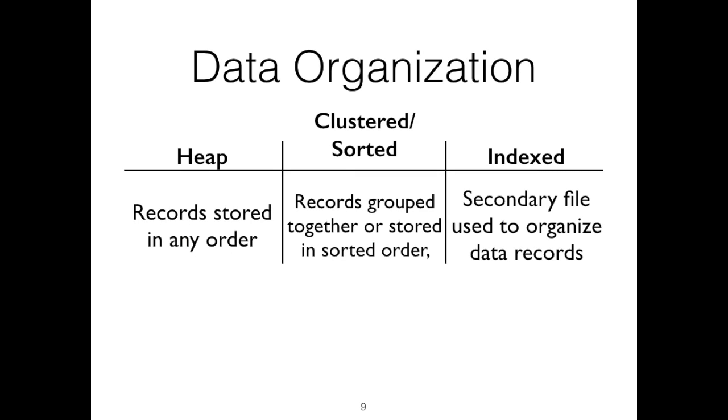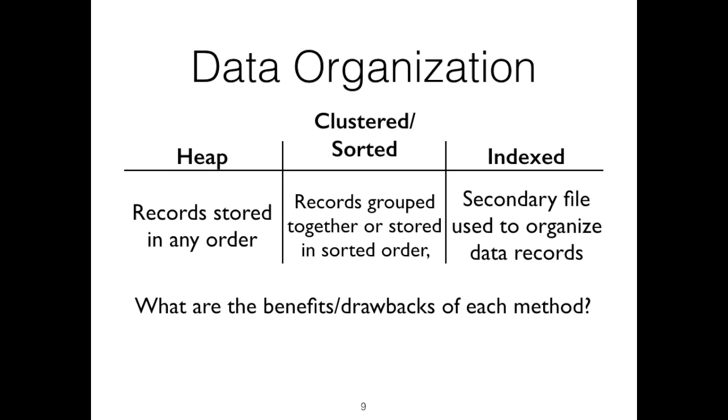Now, I kind of hinted at this a while back, 1 or 2 lectures ago, that there are 3 different ways to organize your data. In a heap, in a clustered index, or in an unclustered index. And each of these provides one way to structure your data so that it can be accessed.